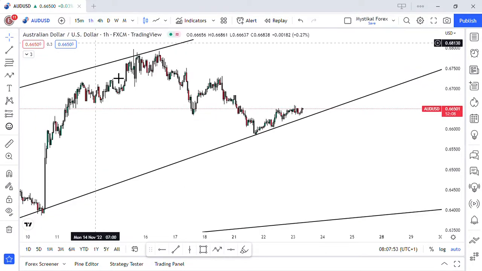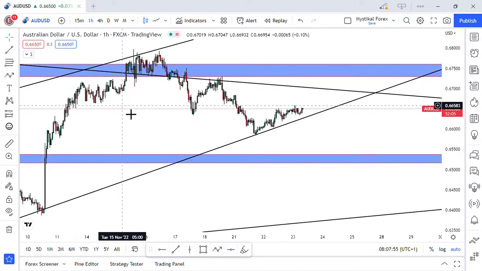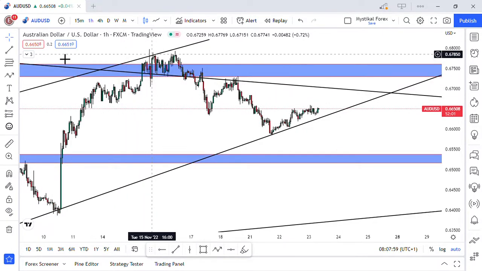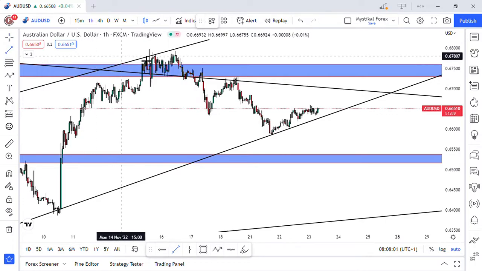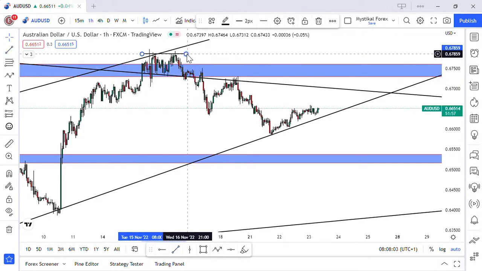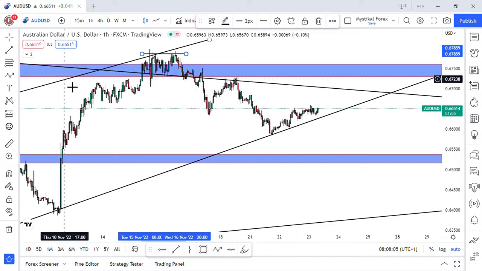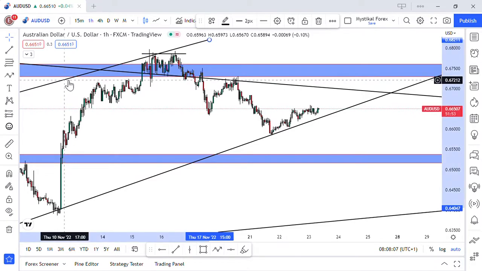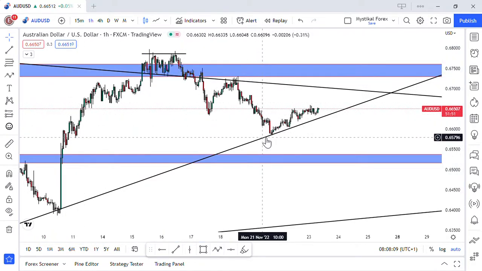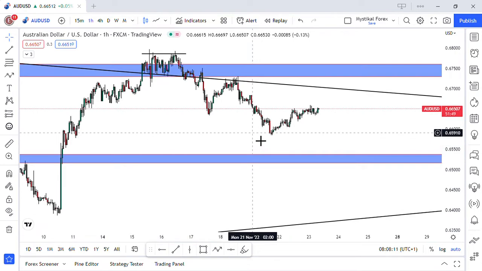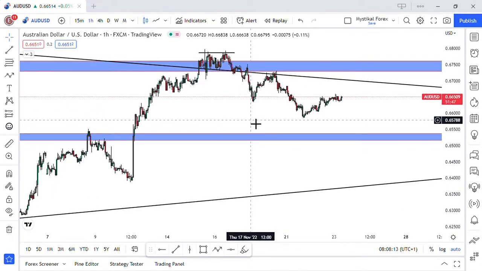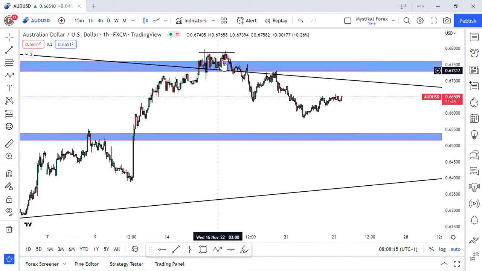Okay, all right. So there's our double top. Let me just remove this one right here and this right here, so that you can see clearly what I'm chasing.